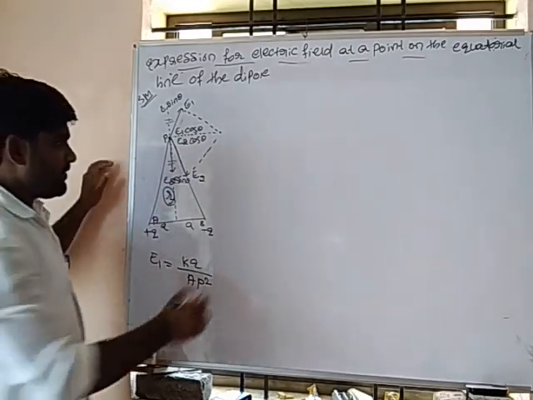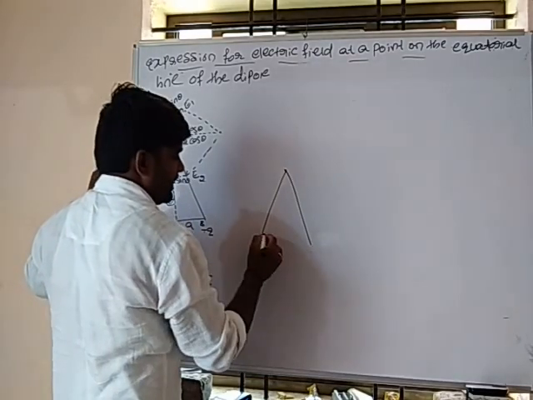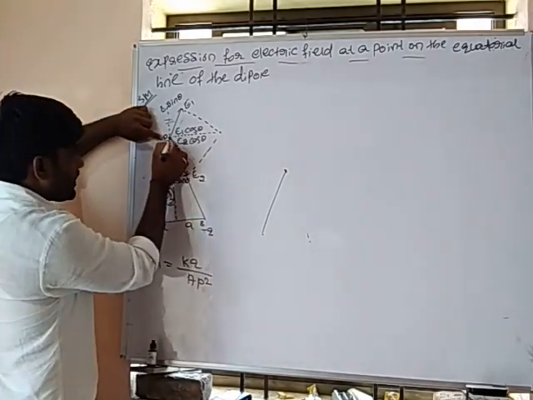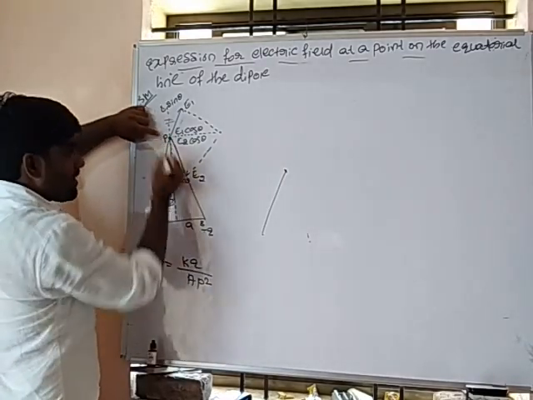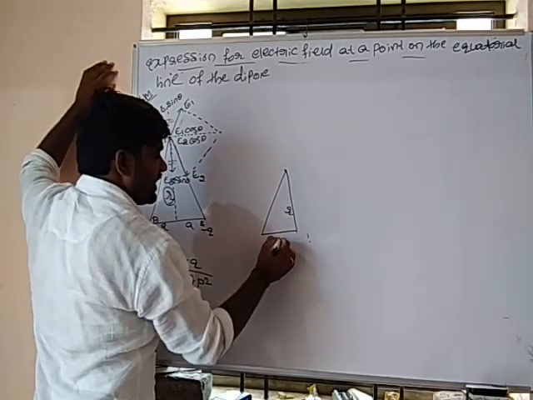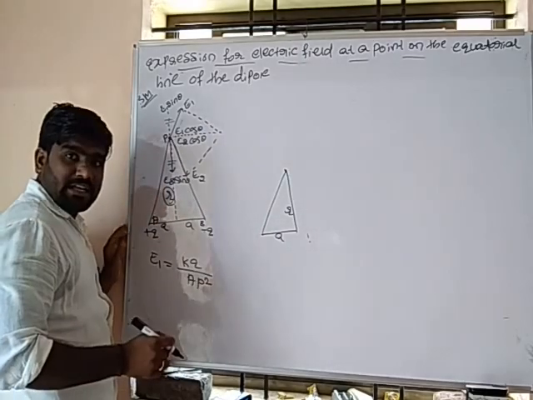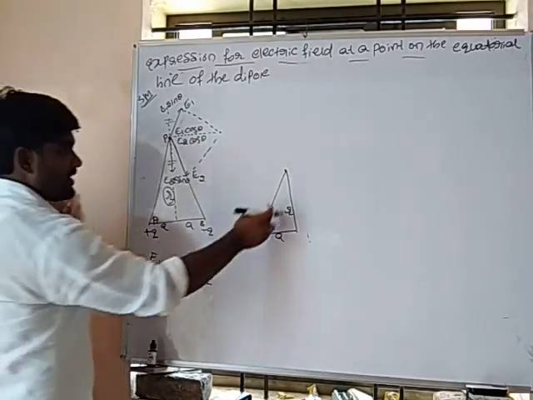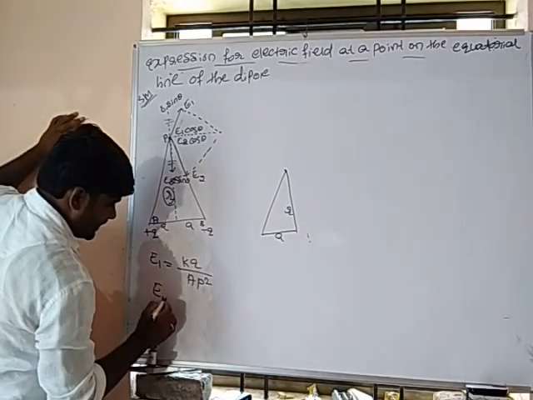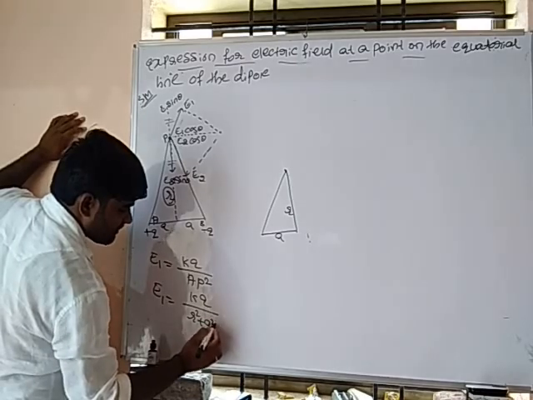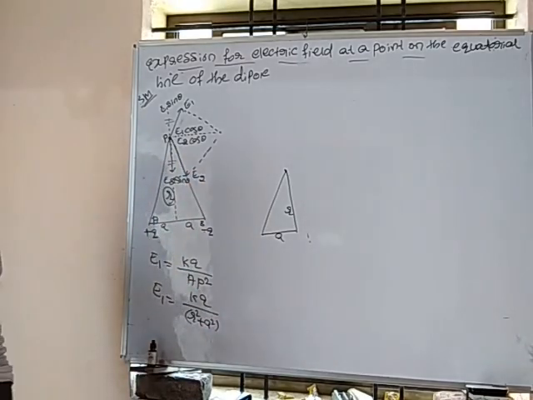How to find it? Let us consider this to be a triangle. We know this value and this value. This can be calculated by R square plus A square. So this E1 is equal to KQ divided by R square plus A square.